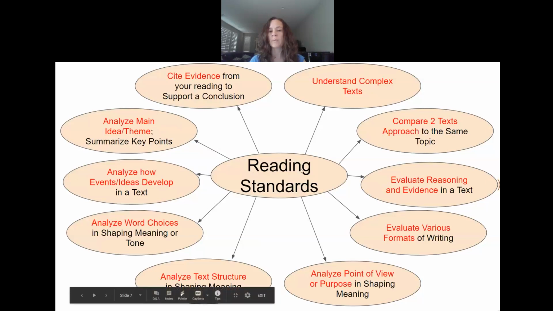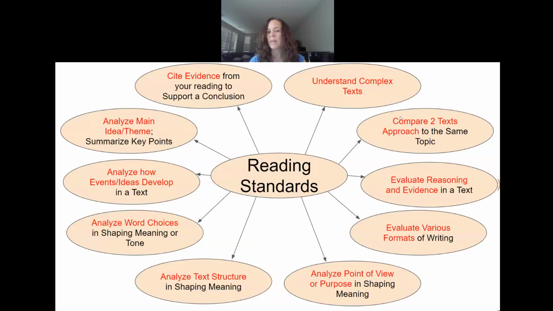So this is a very visual and graphic way of reading. But all of this information could also be presented in a paragraph, which would be probably a lot more boring and less clear and easy to understand. But writing does come in different formats. And they're saying to evaluate those various formats of writing.